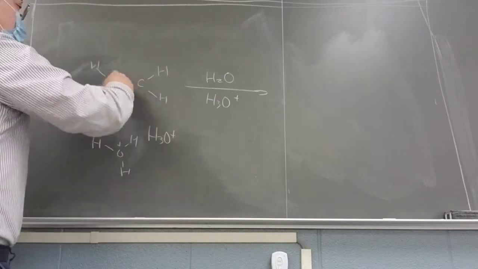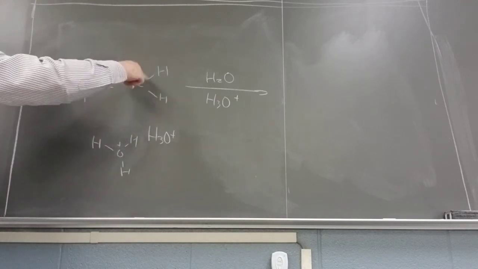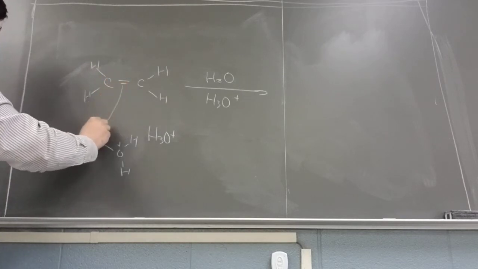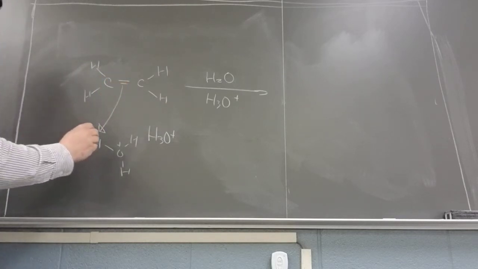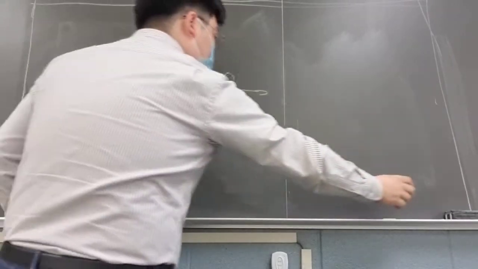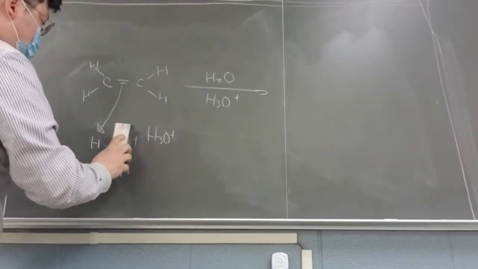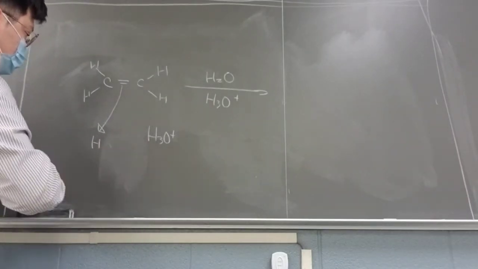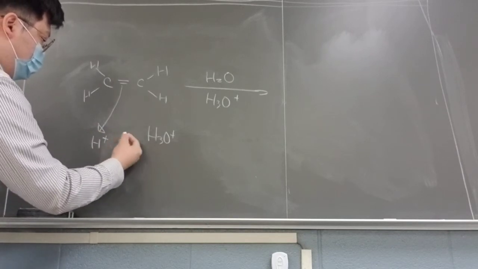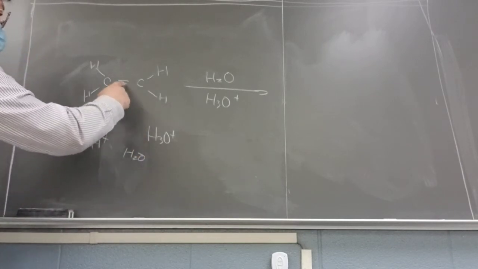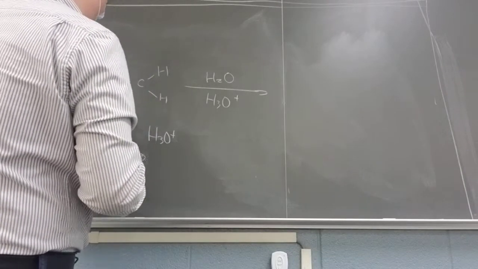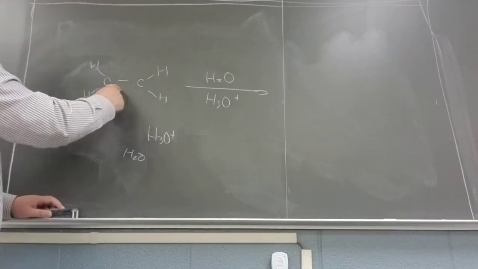And then, as you know, the electrons in the p orbital, the pi bond, are going to attack something that is positive. So if that happens, we get this one, right? So this will get to, so no double bond anymore.